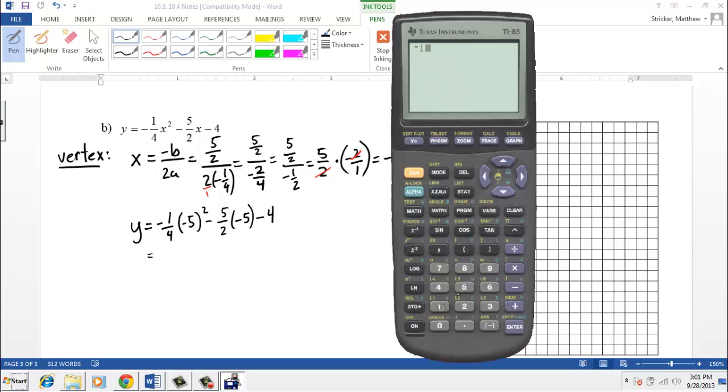We have negative 1 divided by 4 times negative 5 squared minus 5 divided by 2 times negative 5 minus 4 is 2.25, which we can put in as a fraction, is 9/4.